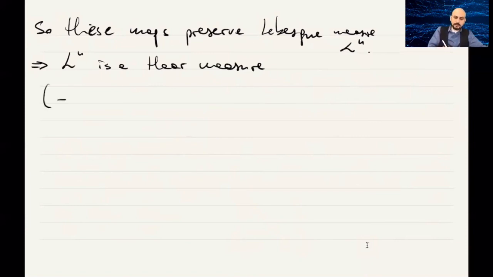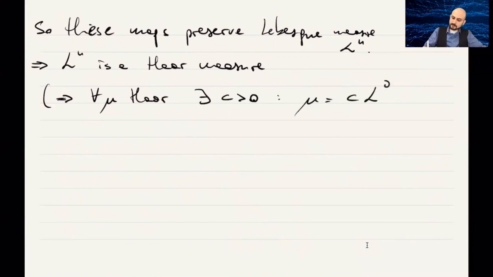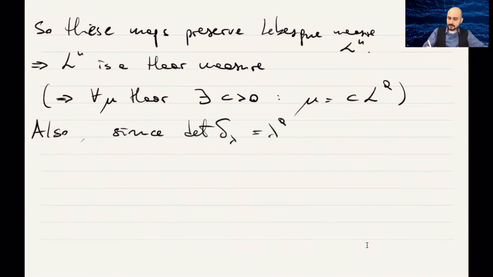Okay, and now because of uniqueness of the Haar measure, we know that for every other Haar measure mu there exists a constant such that mu is a constant multiple. But we don't need to use this for the Hausdorff measure. Now let's look at the Hausdorff measure. So now remember that since we have the determinant of the dilation equal to lambda to the Q, what is the Lebesgue measure of an arbitrary ball?